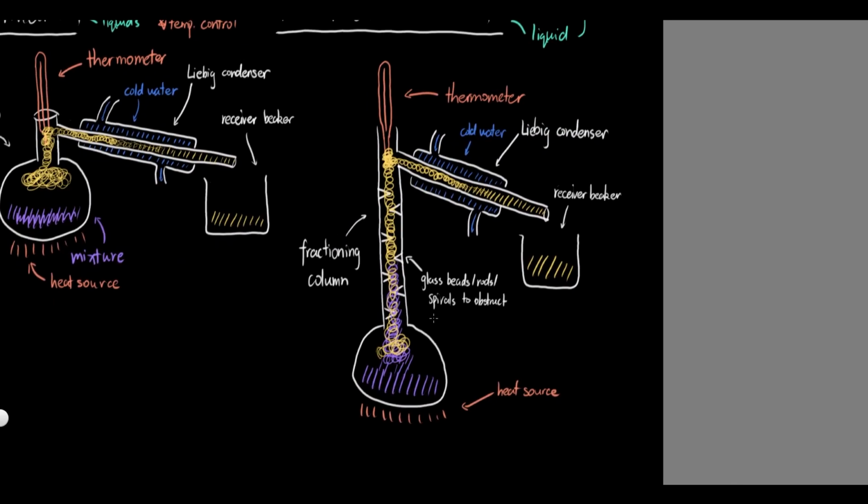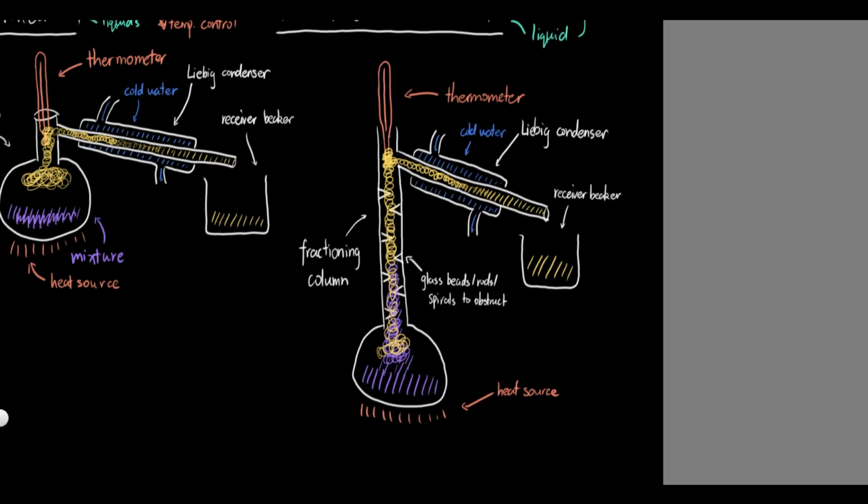So how this works is you control the temperature to a point where it reaches the boiling point of one liquid or one substance, but not the other, so that hopefully one would get evaporated and turn to gas, and then here turn into liquid in this Liebig condenser. And the other would not.